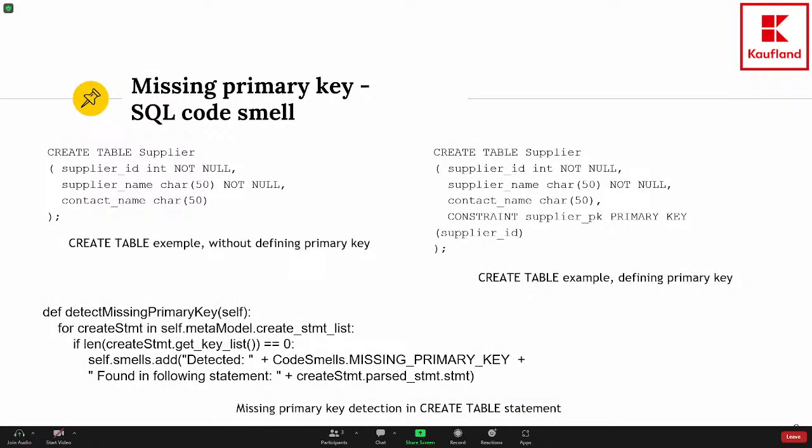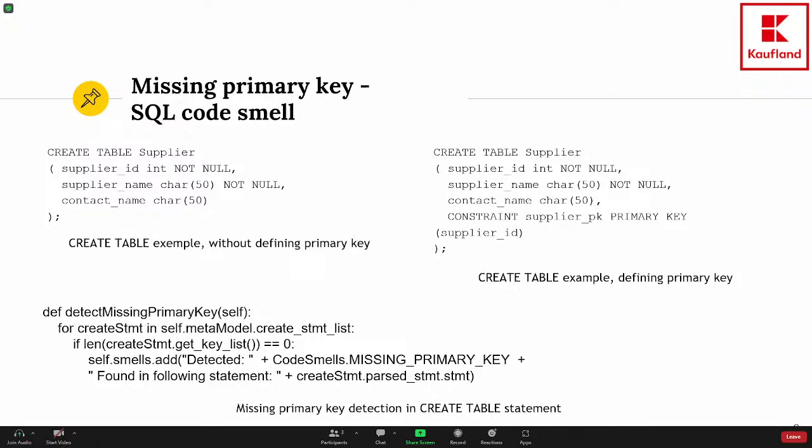Missing primary key, as I've already said, means not mentioning the primary key in the create table statement. We can observe in the left picture that create table has only 3 fields without mentioning a primary key. And on the right, we mention the primary key as a constraint, and that means that the user is not allowed to add duplicate data in the database.